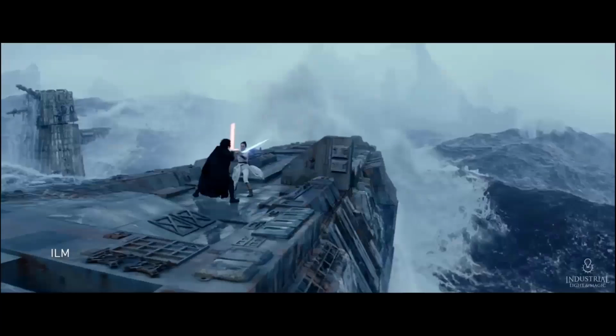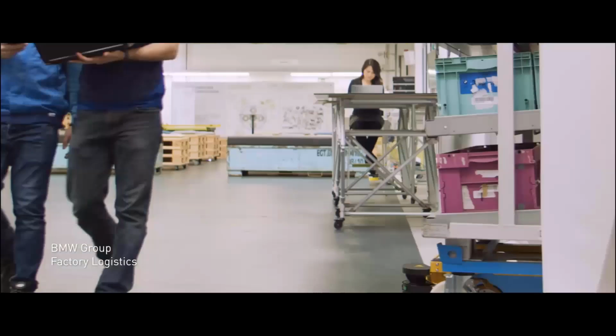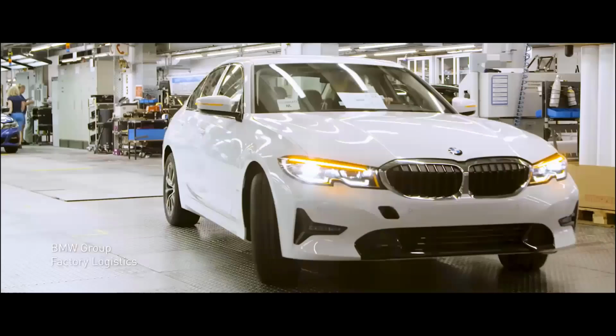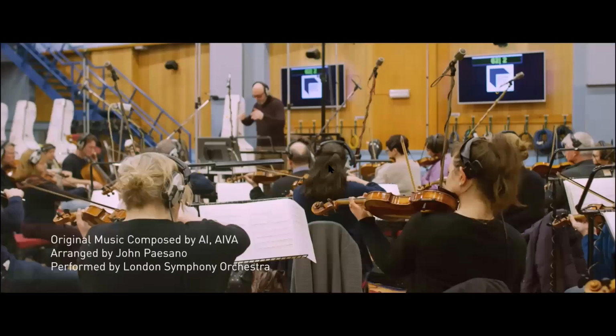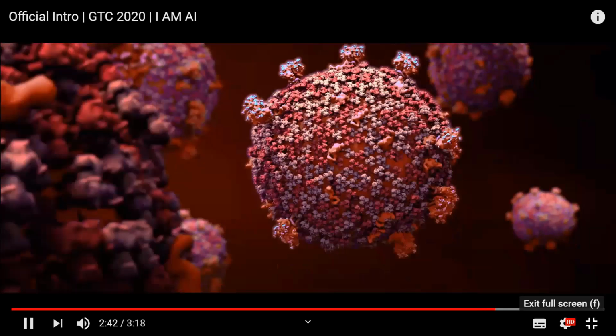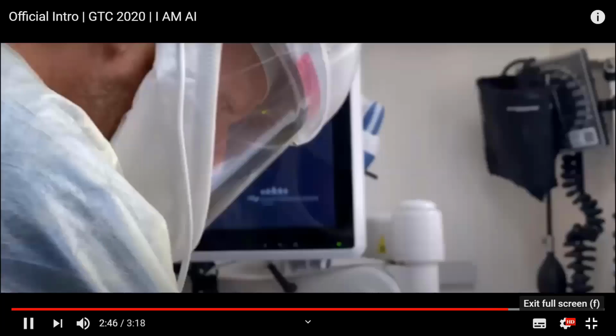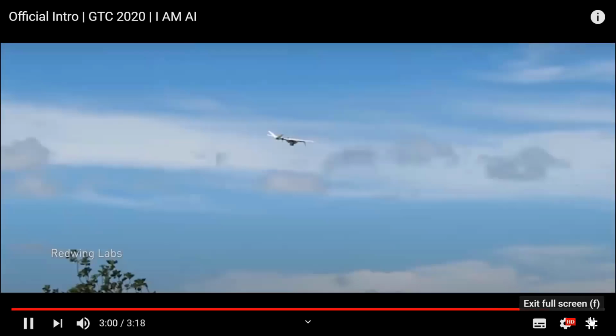And finding new adventures in a galaxy far, far away. I am a builder. Driving perfection in everything we create. I am even the narrator of the story you are watching. And the composer of the music. And when the world faces its greatest challenge, I give us the power to take it on together. I am AI.